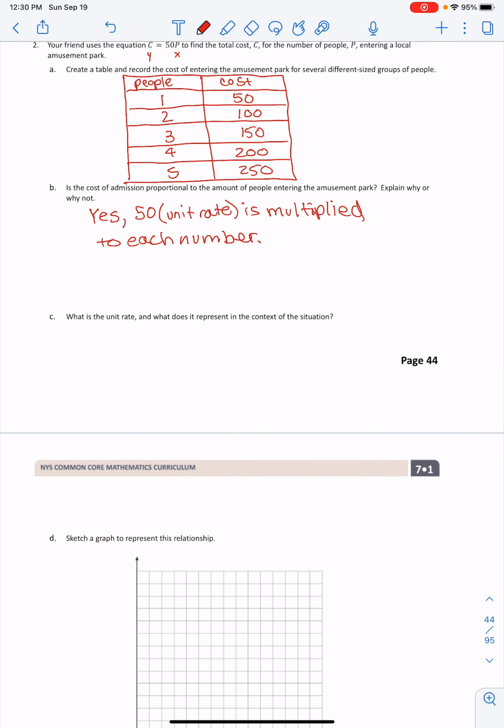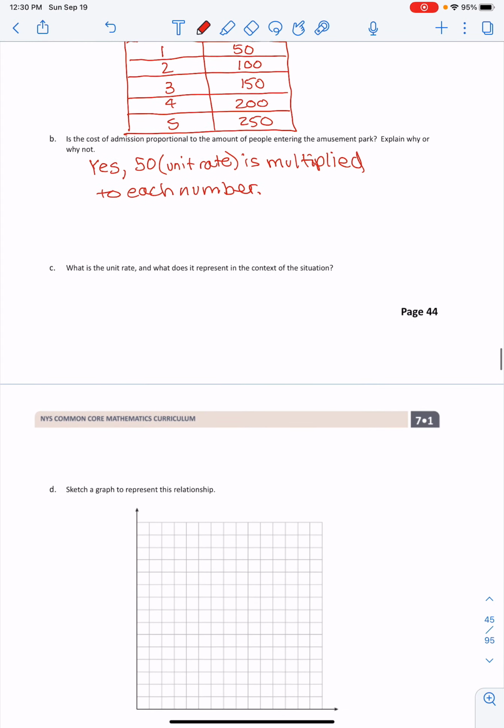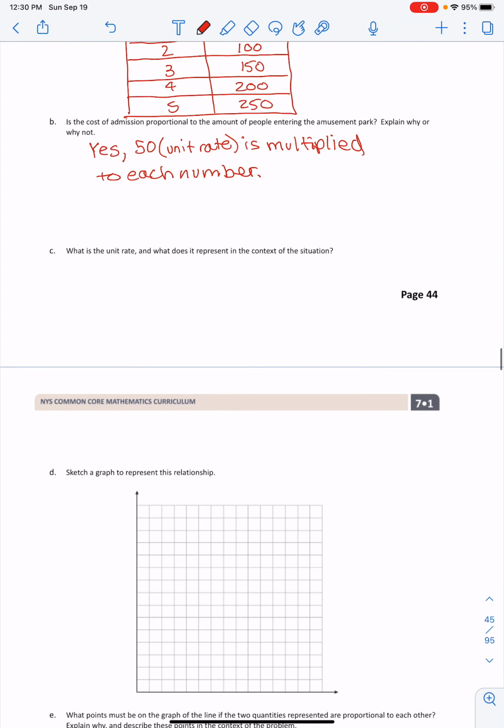It says, what is the unit rate and what does it represent in the context of the problem? 50 is the unit rate.